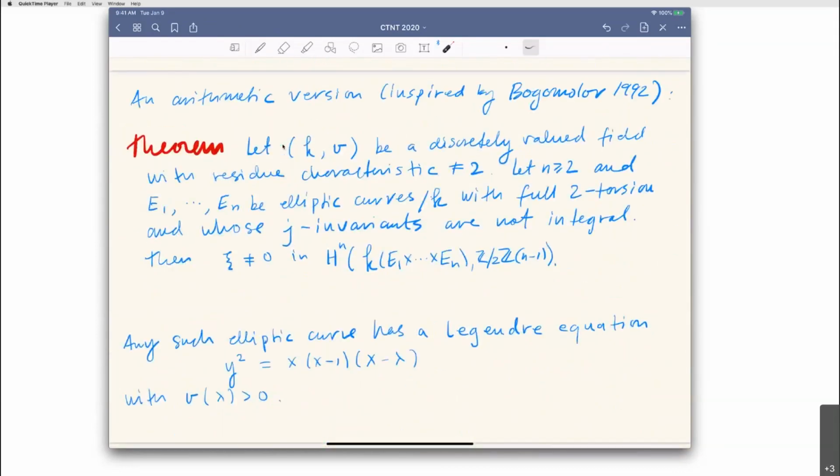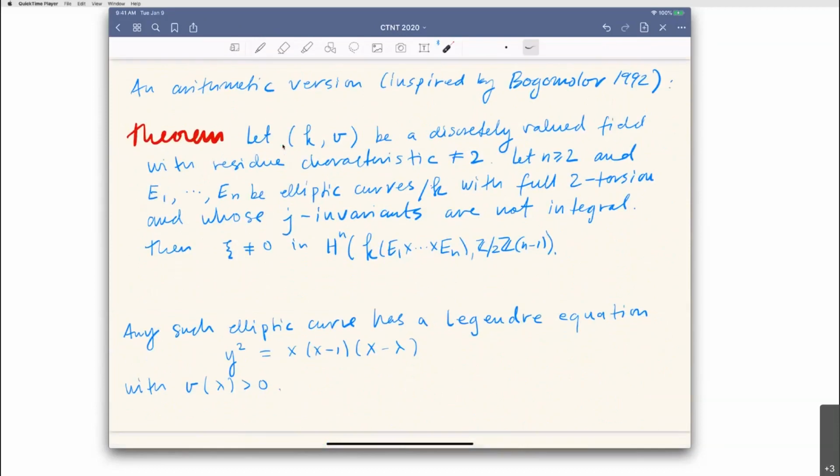We need to construct unramified cohomology elements on this product of elliptic curves. What we end up doing is having to prove a version of a theorem that was proved by Gabber over general fields, like for example over a number field.